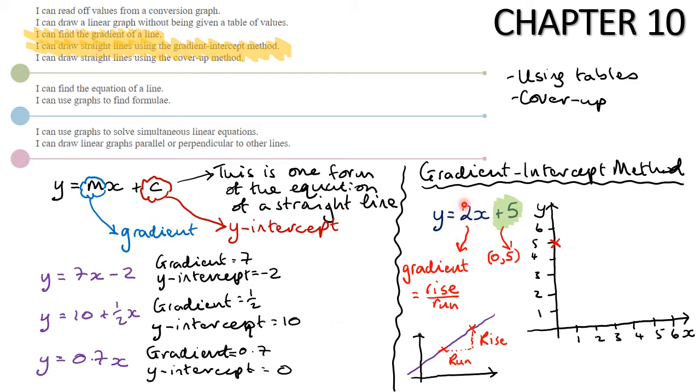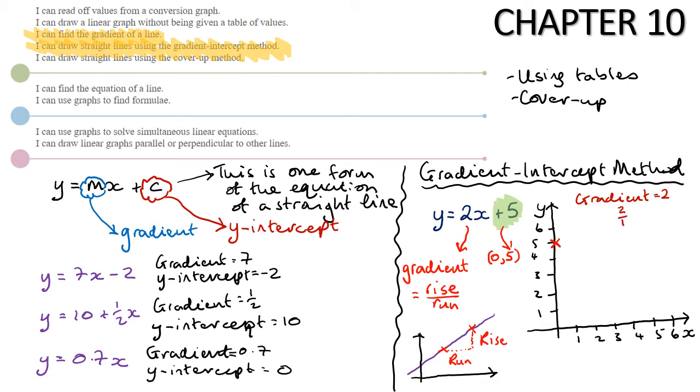So something divided by something is 2. I could pick any pairs of numbers where if I do one divided by the other, they equal 2. So for example, if the gradient is equal to 2, I could have a rise of 2 and a run of 1.